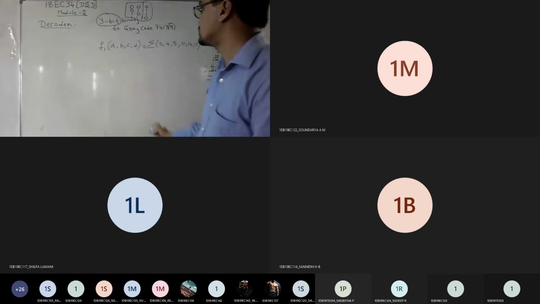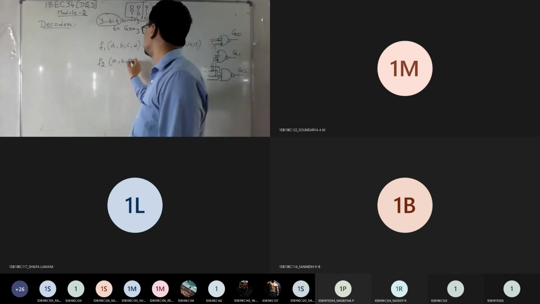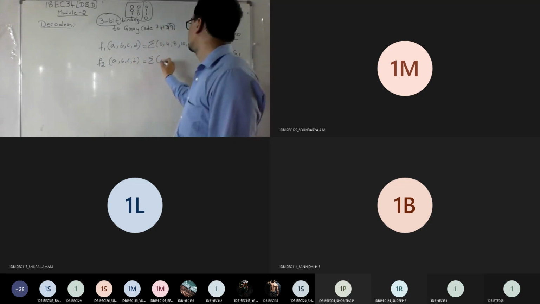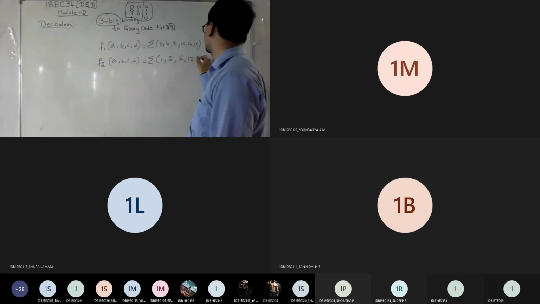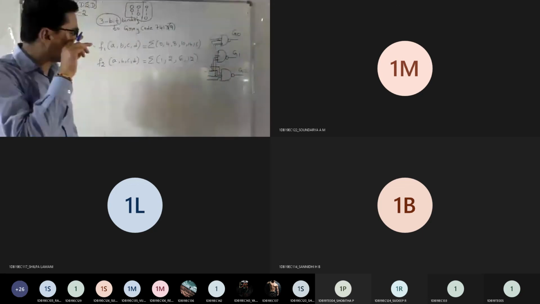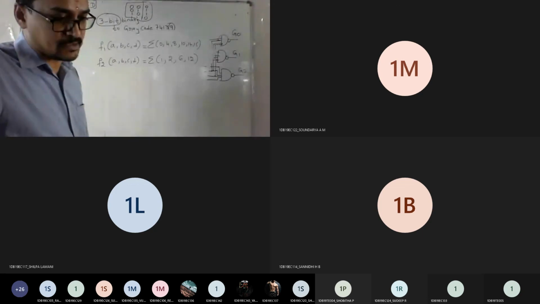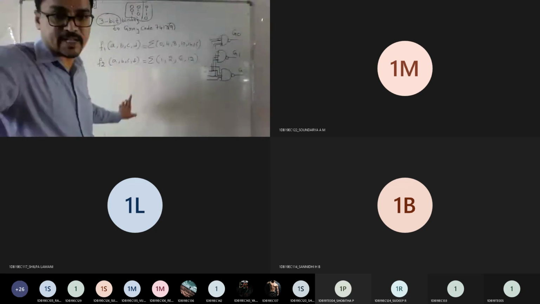Similarly, there is one more function F2, also of A, B, C, D, given with 1, 2, 6, 12. So this is the given question. You need to implement the multiple functions.